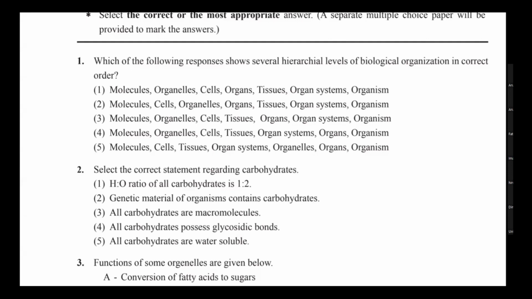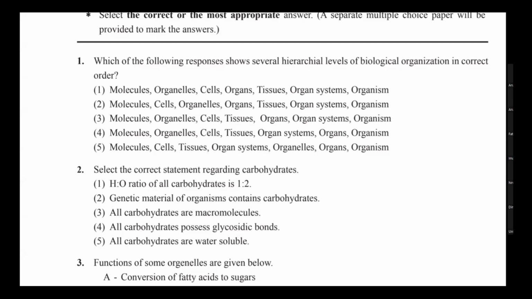Then a group of cells forms tissues, and one or more types of tissues form organs. Then organs collectively form organ systems and organism. So for the first question, the answer should be the third answer.